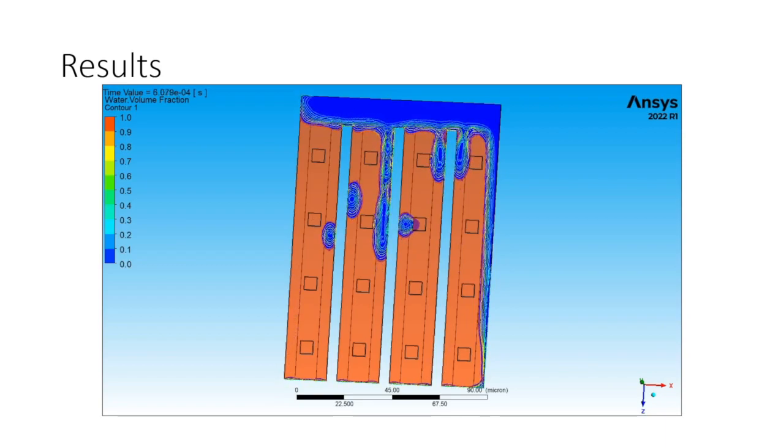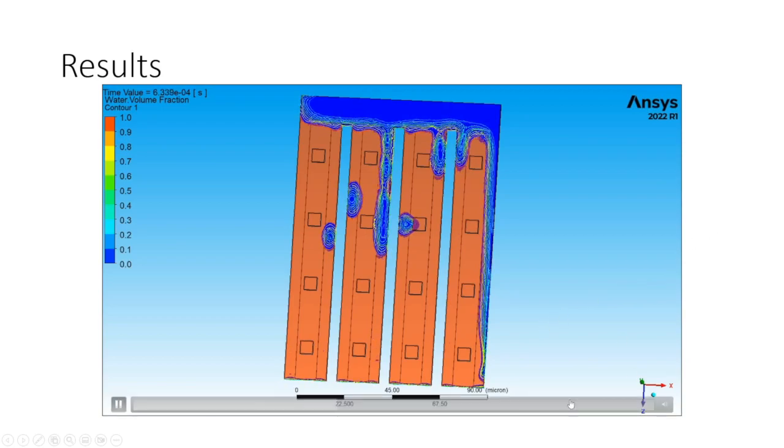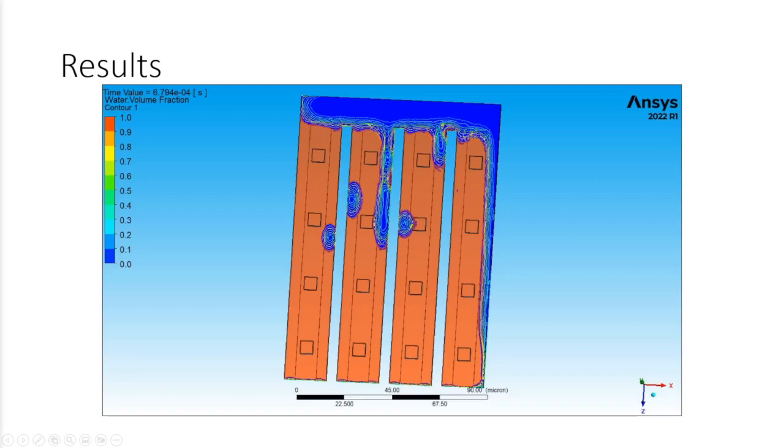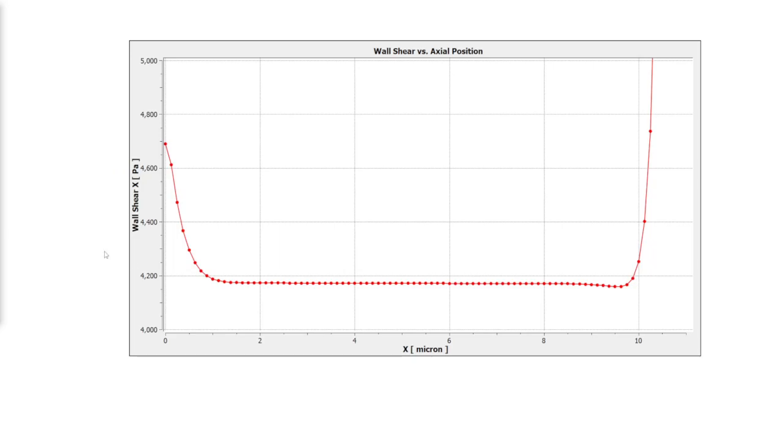Now, also we can create charts about the surface tension or the wall shear. So if we go over to that here real quick. In post-processing, we have the values available for wall shear at every point in the continuum.